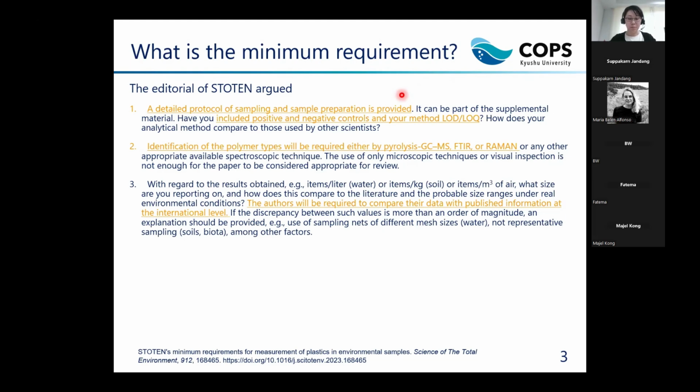This is an important message from one journal, and the Stoughton is one of the top 10% of journals. But in my experience, other journals follow this message, and now publishing a paper is more difficult than before. So we need to consider these 3 points during our research.